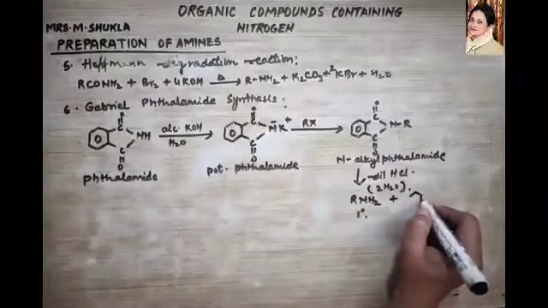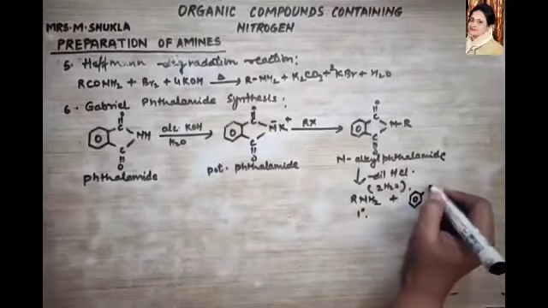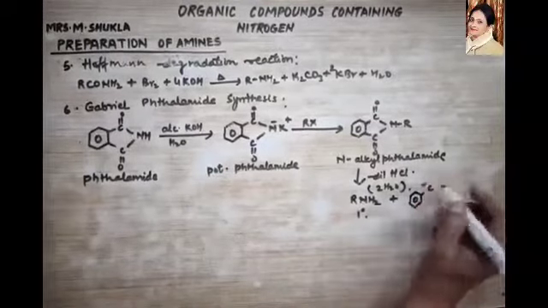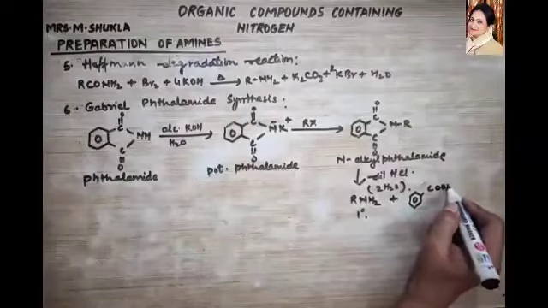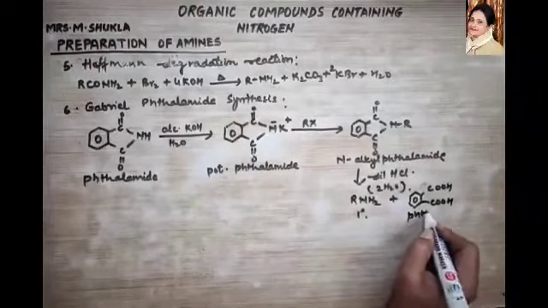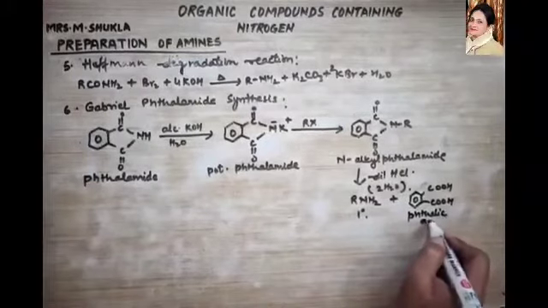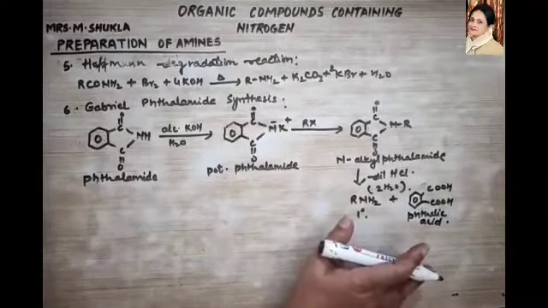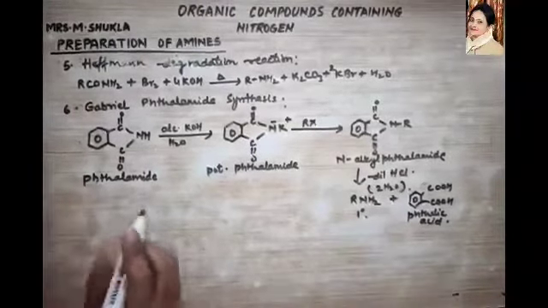What is the formula for phthalic acid? C double bond O, or you straight away write it down like this, COOH, COOH. This is your phthalic acid. Is this clear to all of you? This was your Gabriel phthalimide synthesis.